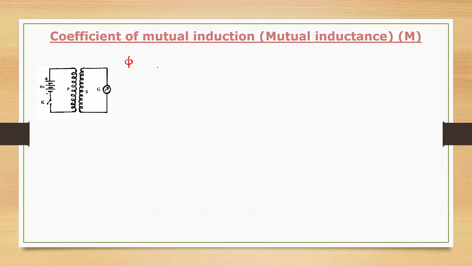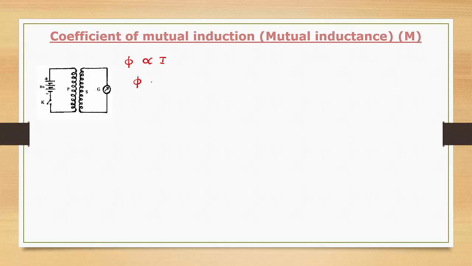So I am going to write the equation: phi is directly proportional to I. What does it mean? Magnetic flux linked with the secondary coil due to variation of current in the other coil. Both are directly proportional, so magnetic flux is directly proportional to electric current I.